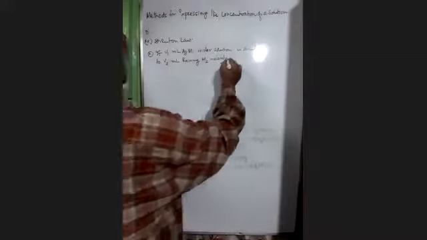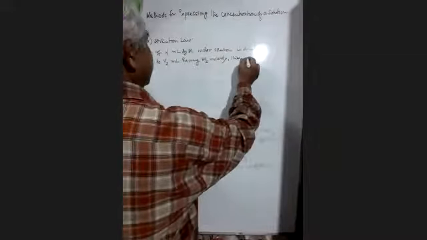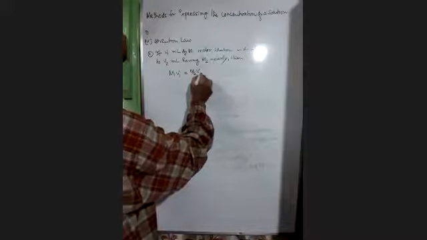If you dilute it, the molarity changes. Then M1 V1 is equal to M2 V2.